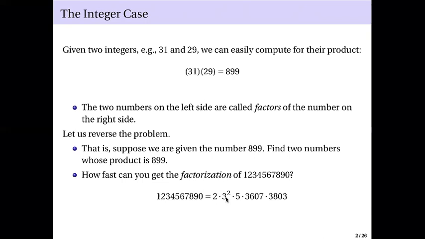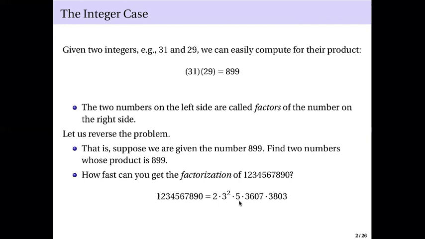You divide by 3, it's divisible. You divide by 3 again, it's again divisible. You divide by 3 for the third time, it's no longer divisible. So you move to the next. You divide by 5, it's divisible. You divide by 5 again for the second time, it's no longer divisible.